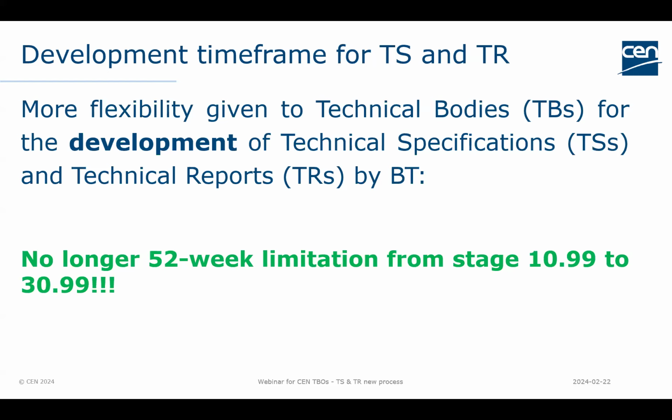The same rules have also been defined for Senelec technical bodies and GTCs. The main objective of this new BT decision is to give more flexibility to the technical bodies when developing TS and TR. And basically, you will not find anymore the limitation to 52 weeks, so 12 months, 1 year, for the time available to deliver the draft for the vote.